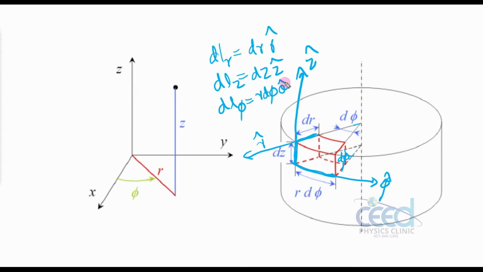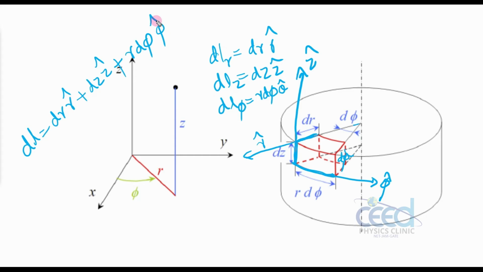So the length element is dl equals dr r cap plus dz z cap plus r d phi phi cap.